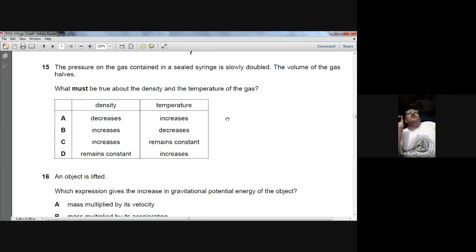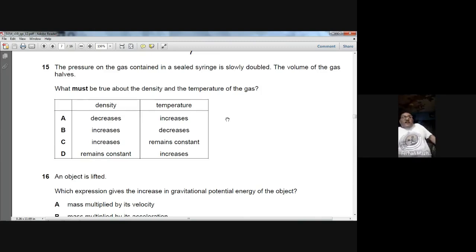In our course, when we study the pressure of gas, if you are changing the pressure and the volume, the temperature is kept constant. So the temperature should remain the same.